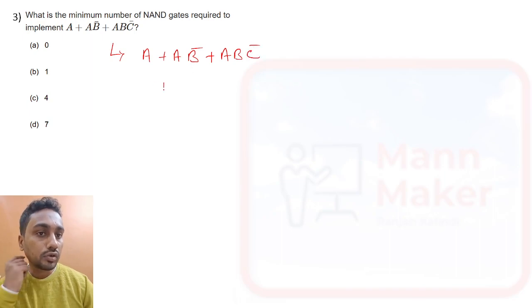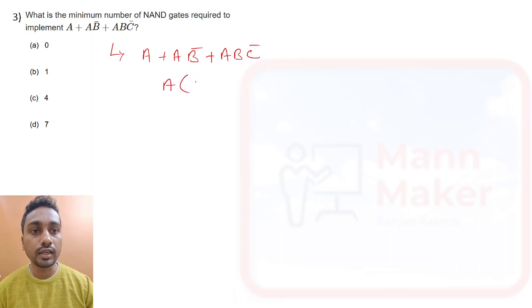What is the minimum number of NAND gates required to implement A plus AB bar plus ABC bar? So if we solve this one, A plus AB bar plus ABC bar. If we take A common, it will be A times (1 plus B bar plus BC bar).